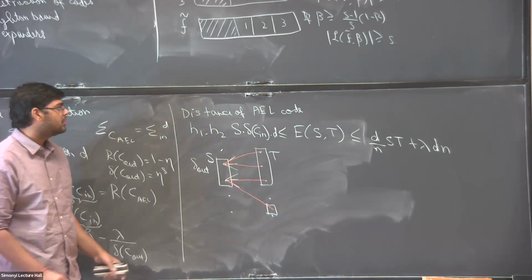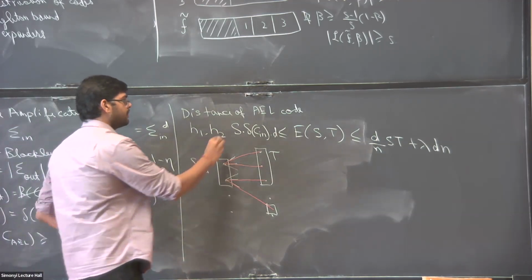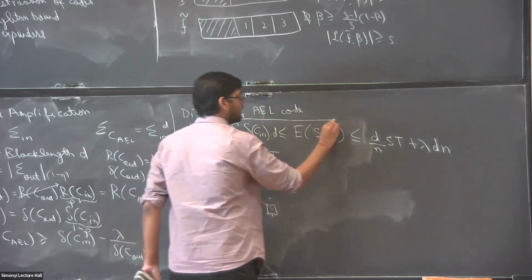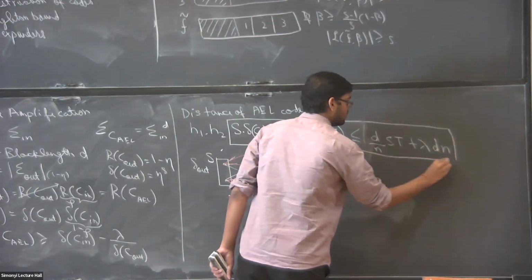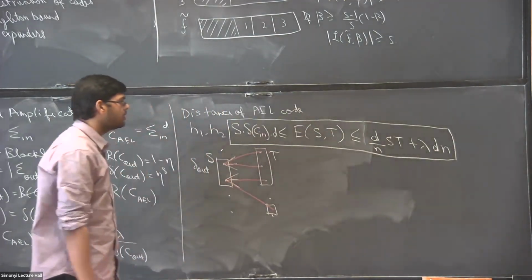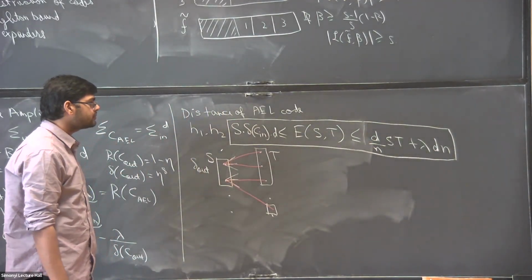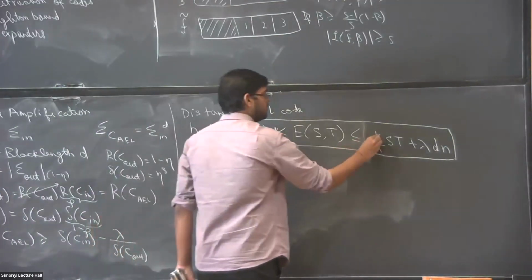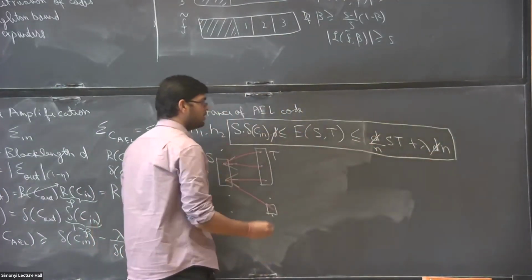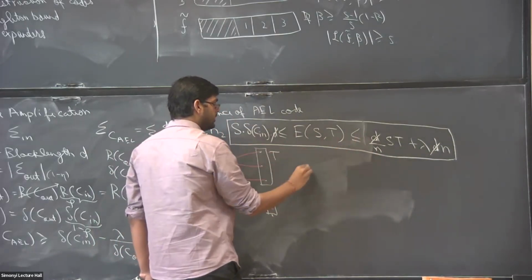Okay, so just lower bound T from the right hand side.